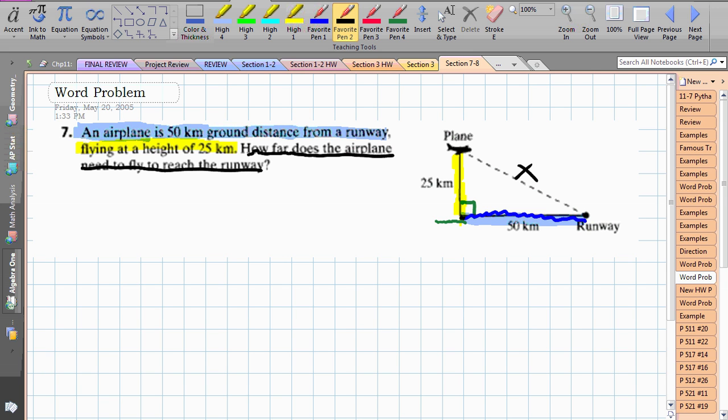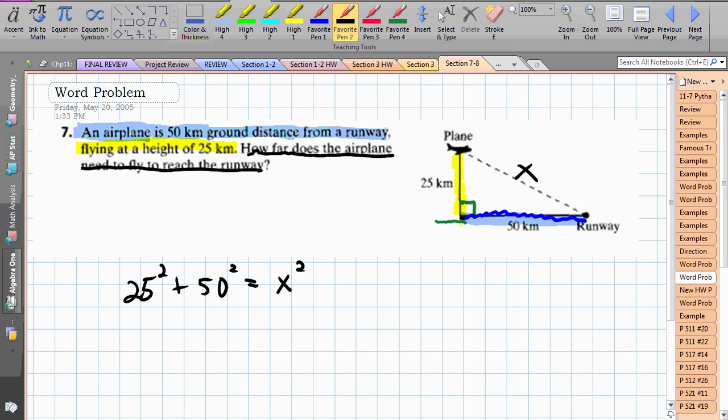Well, if it was possible for the plane to go exactly in a straight line right to the runway, we would be able to do that using Pythagoras in here. Using Pythagoras, I know one of the legs is 25, the other leg is 50, and the hypotenuse here is x.